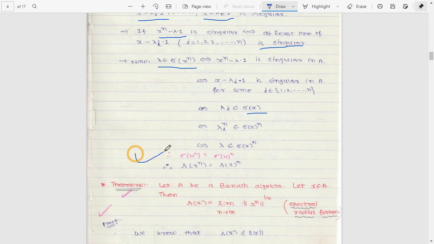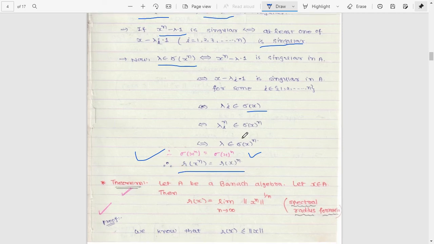Hence sigma of x raised to n is equal to sigma of x raised to n. First is proof, and this implies r of x raised to n is equal to r of x raised to n. Hence the theorem.